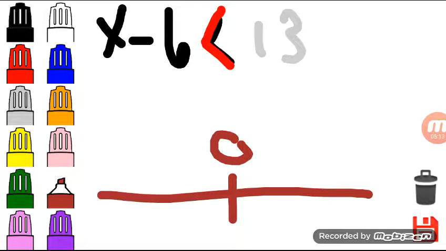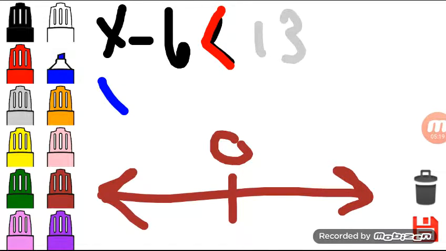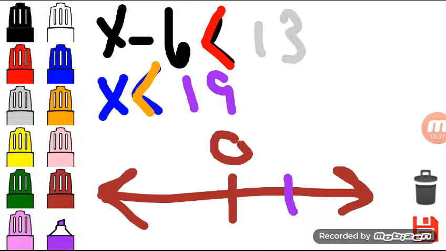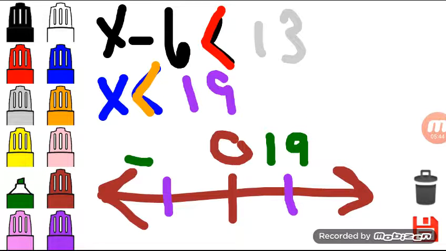The answer for this one is x is less than 13. Or no, not 13. x is less than 19, sorry. Again, to save time, I'm just going to put in 19 and then negative 19.